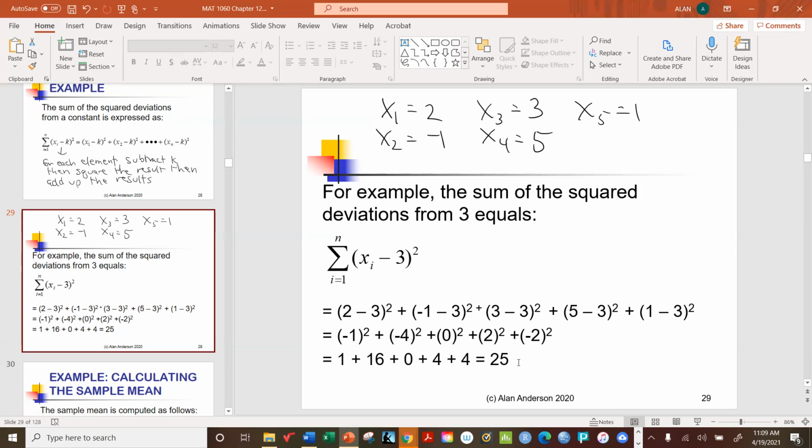All right, so once you're done with this, we're going to go back and actually calculate the sample mean of our original 5 elements.